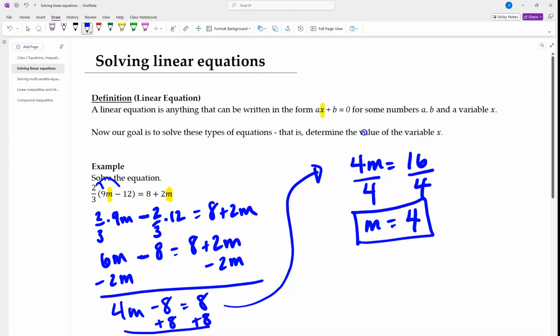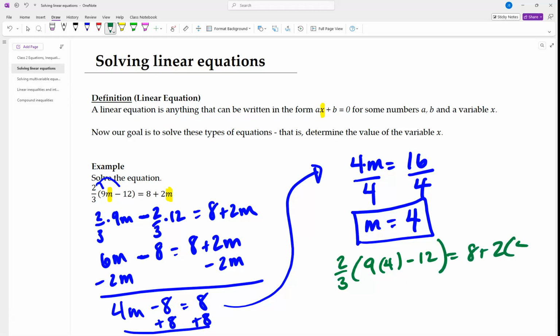Okay, and really what I should do is double check that. After my work, and this is most commonly skipped, but to check if a solution is a solution, what you would need to do is 2/3 times 9 times 4 minus 12 is equal to 8. So substitute that back in for each occurrence of the variable.